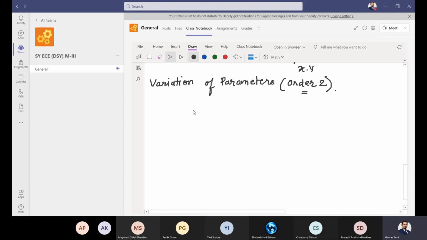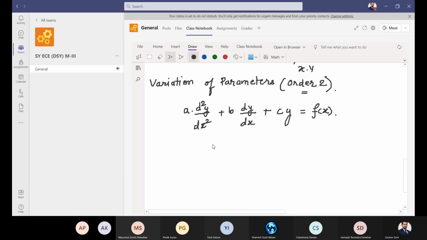And I will write down an order 2 differential equation, say a into d2y by dx square plus b into dy by dx plus c into y is equal to f of x.